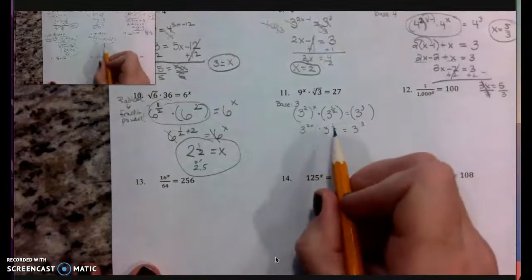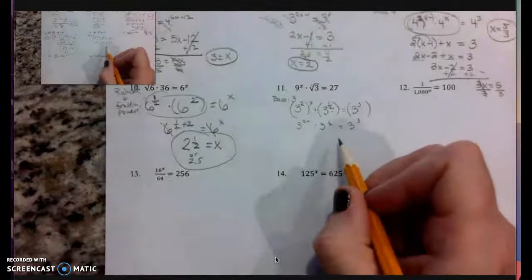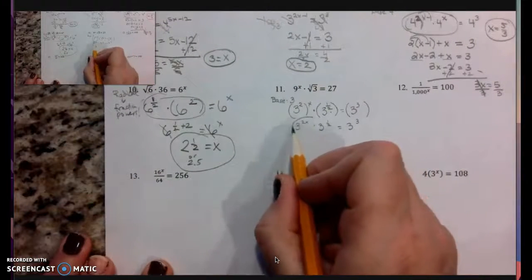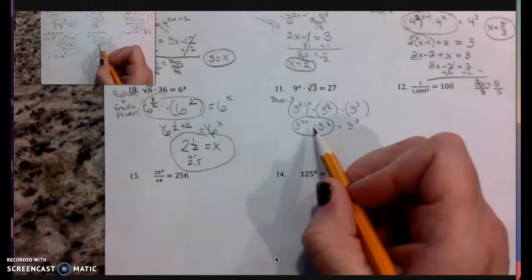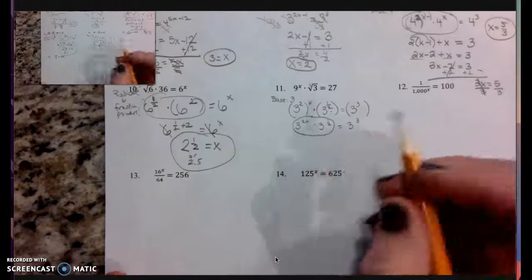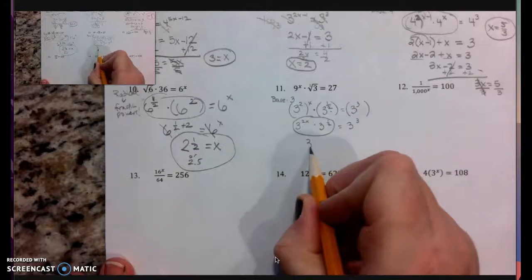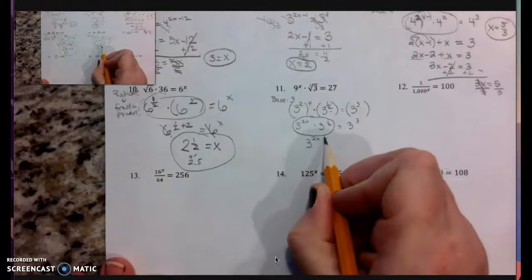So what I'm going to do now is combine, so I only have one base per side. So I'm going to take this 3 to the 2x times this 3 to the 1/2, and multiplying means that I will add those powers. So it'll be 3 to the 2x plus 1/2.